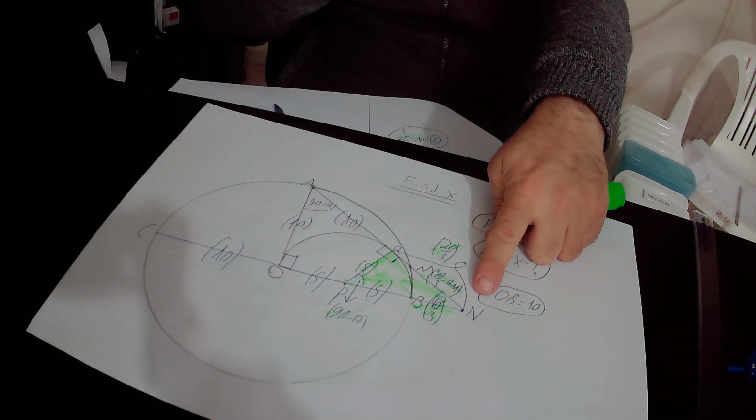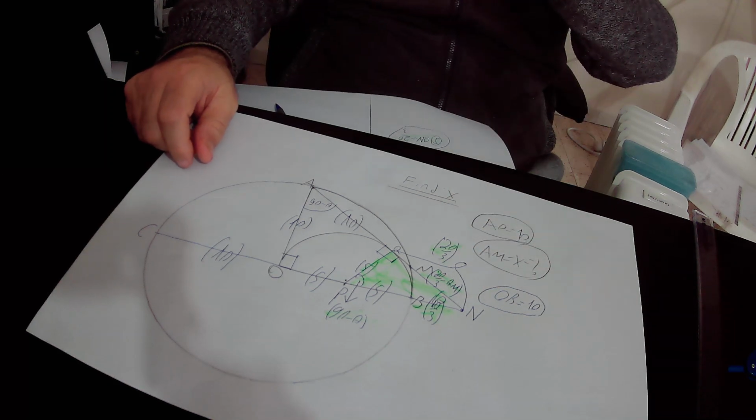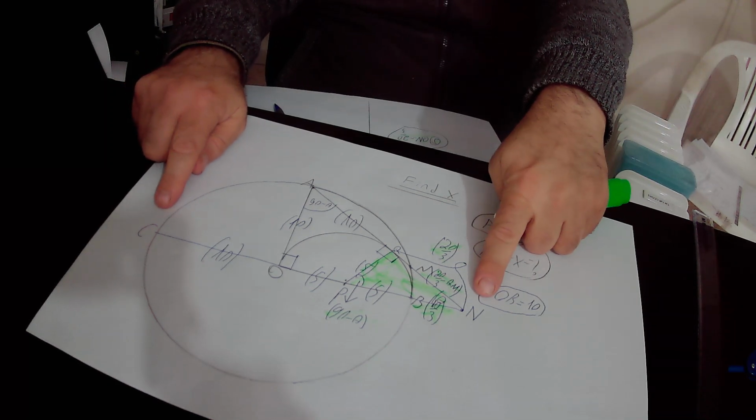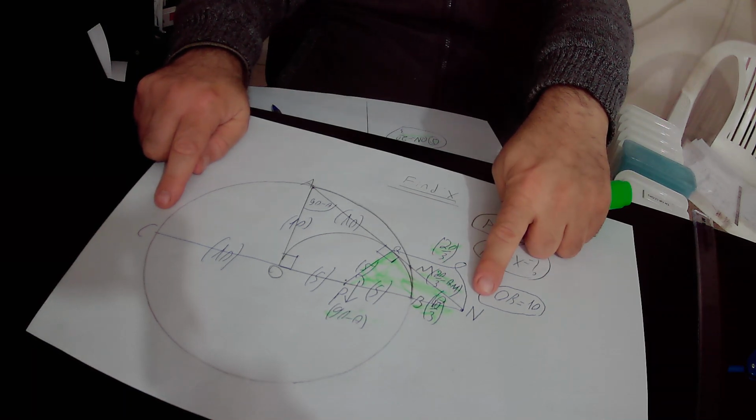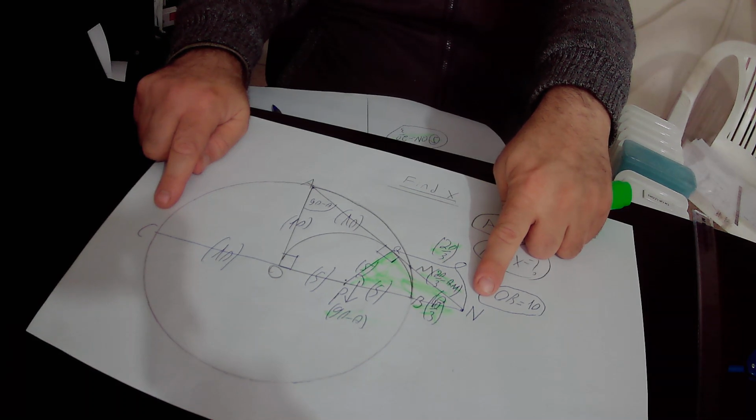CN in total equals CO plus OP plus PB plus BN.